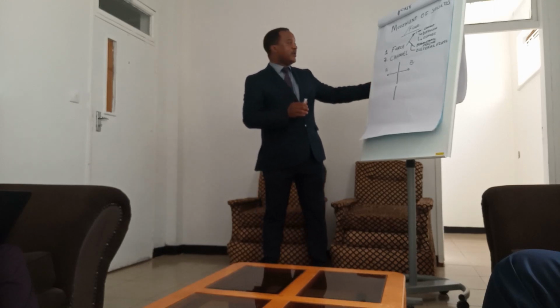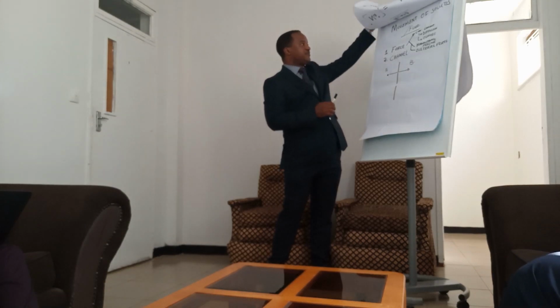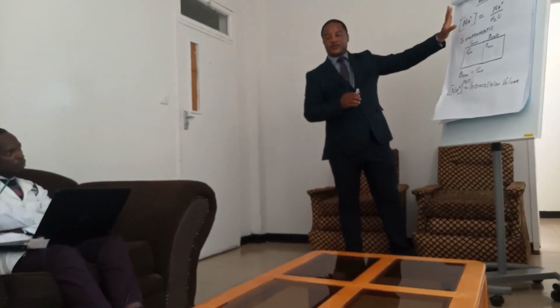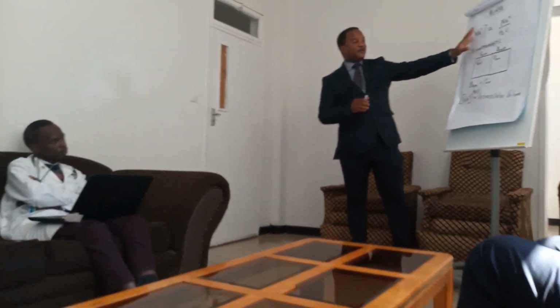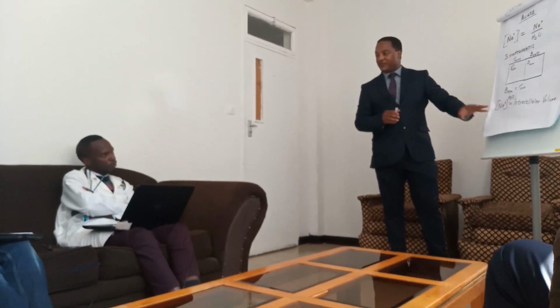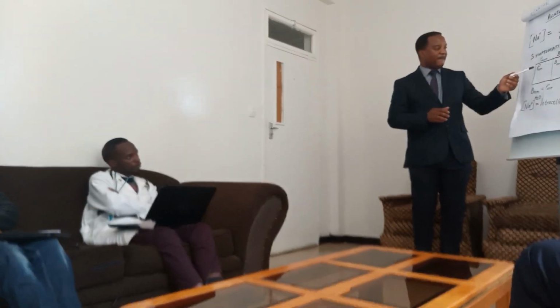Okay. Now, when we go back to sodium and how it affects movement of water, we said the concentration of sodium determines the intracellular volume. The more sodium you have outside, the smaller the cellular volume will be.